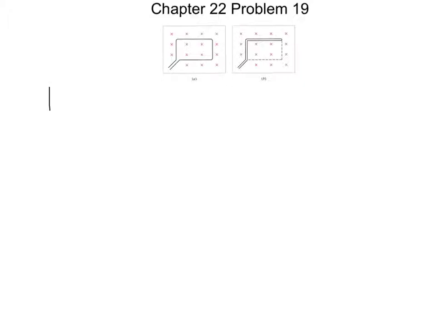EMF is denoted by this, and the equation is negative N times the change in the magnetic flux over the change in time.